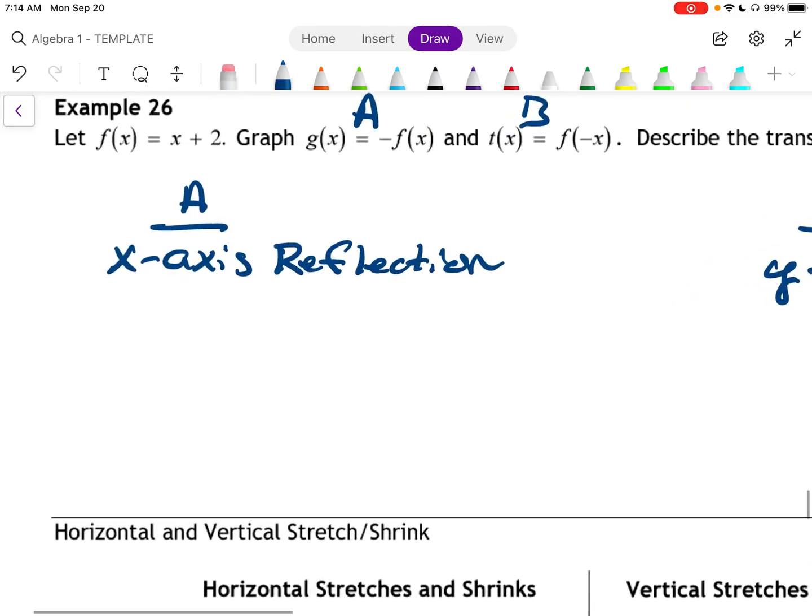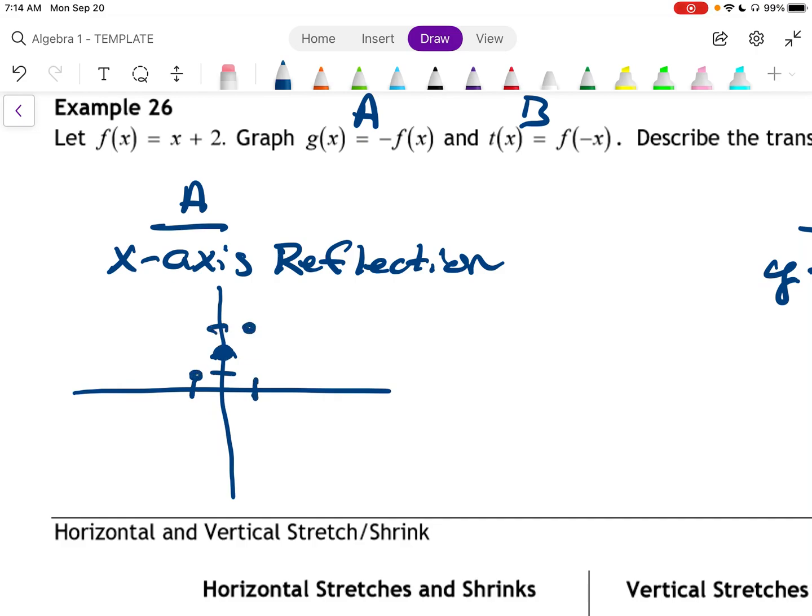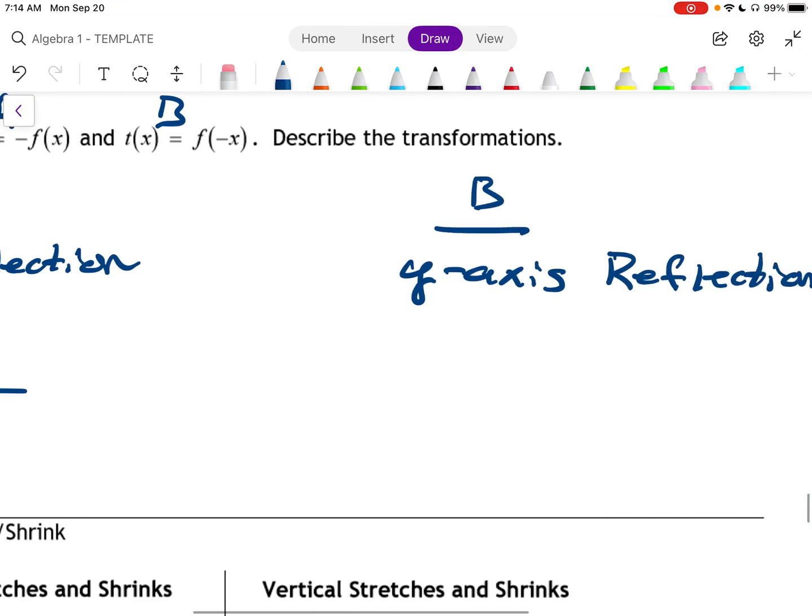I'm going to graph the original and then graph the new one, again, just like before. The original has an intercept of 2, and the slope is 1 over 1, just like before. I'll go ahead and graph that on the second one, too.